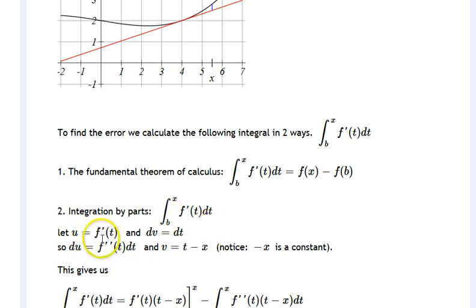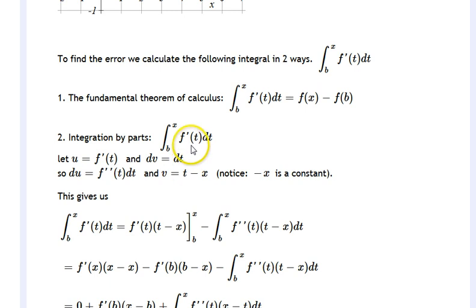I'm calling u f prime of t, and dv is whatever's left, dt. So now taking the derivative of u to get du, that would be the second derivative of f times dt, and integrating dv to get v, dt integrates to t plus a constant.